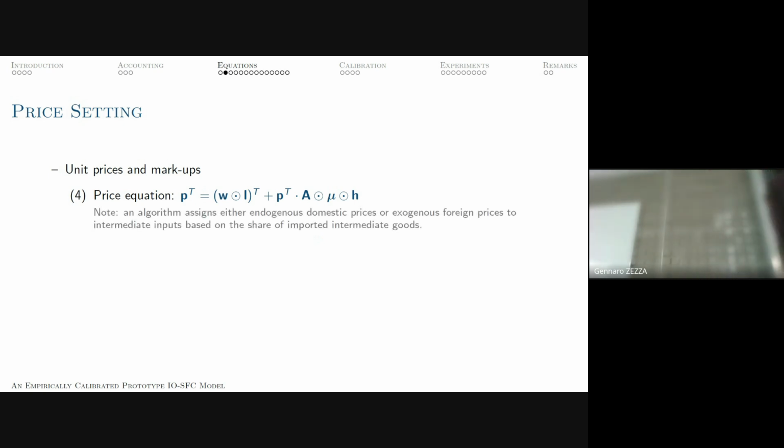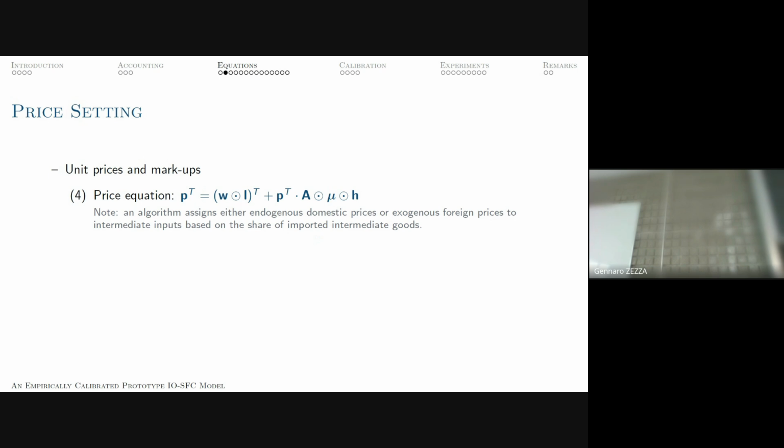I created an algorithm, I hope it works, it seems to be working, that in principle assigns either domestic prices or foreign prices to inputs, or if you like, intermediate consumption in industries, depending on whether these inputs are from other national domestic industries or foreign industries.